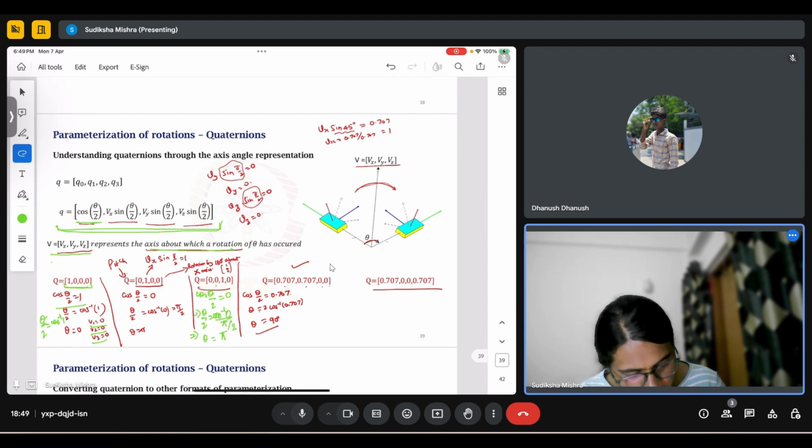So this essentially means that your theta is 180 degrees and your rotation is happening along the y-axis.